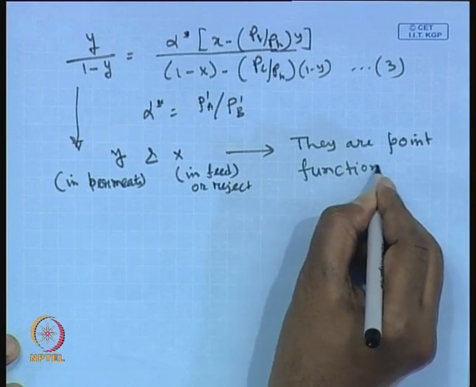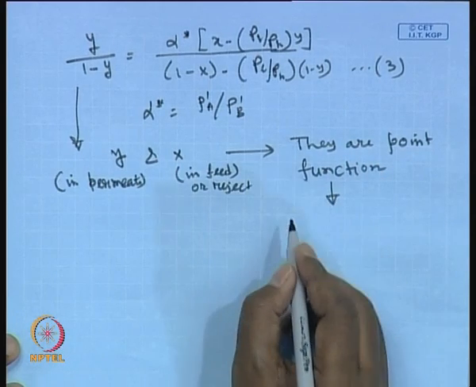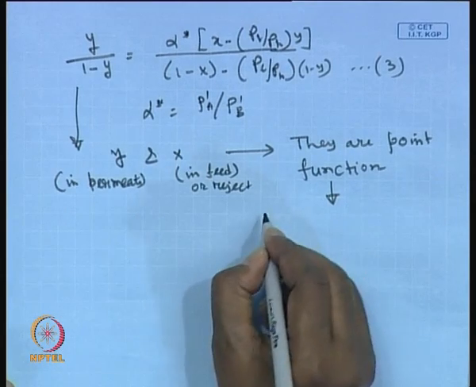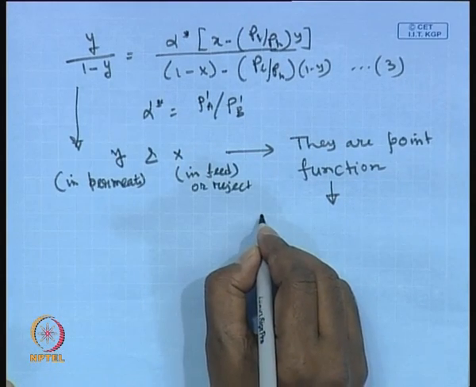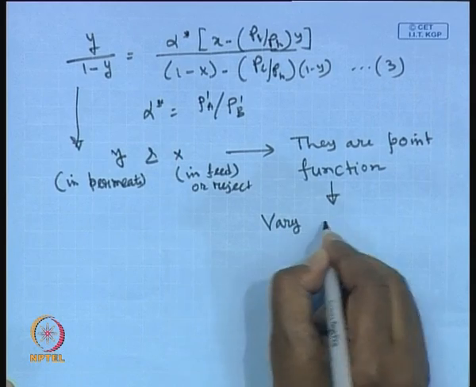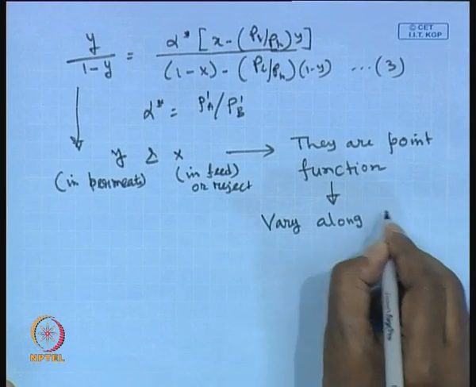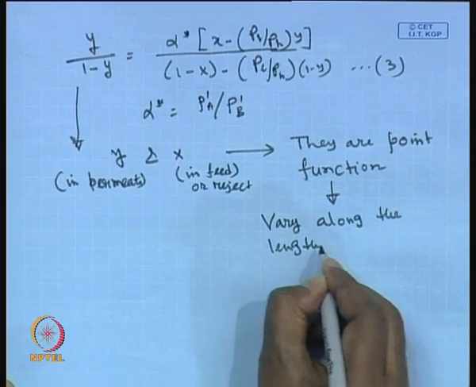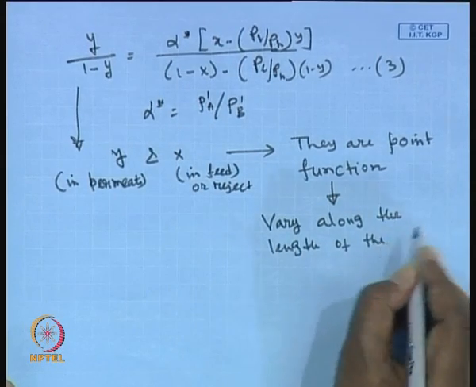What do you mean by point functions? Because they vary as a function of length along the membrane.